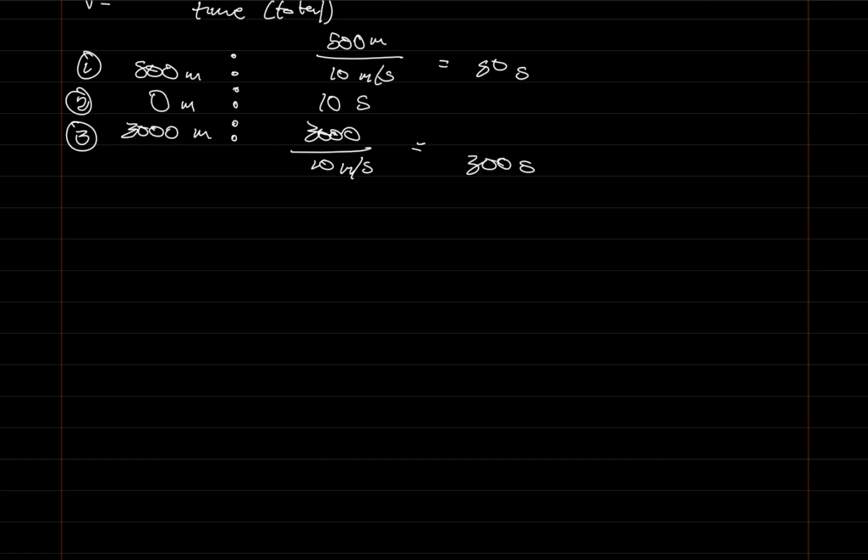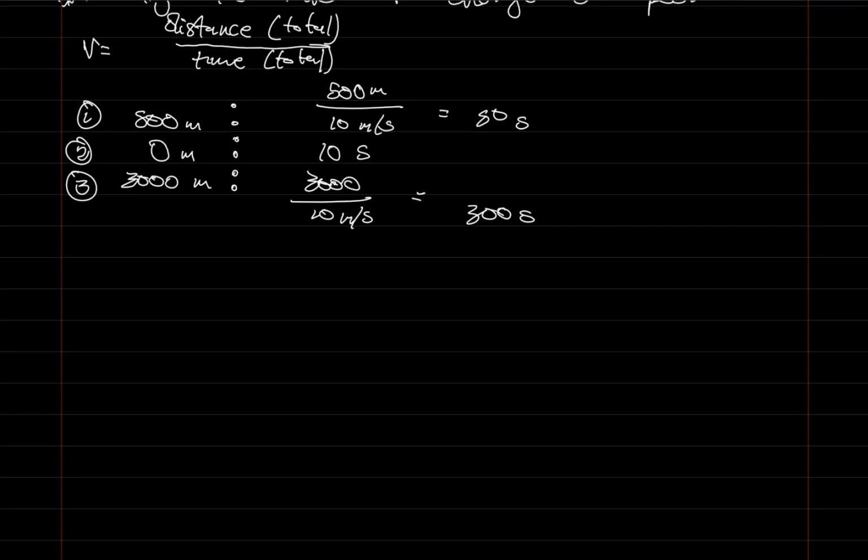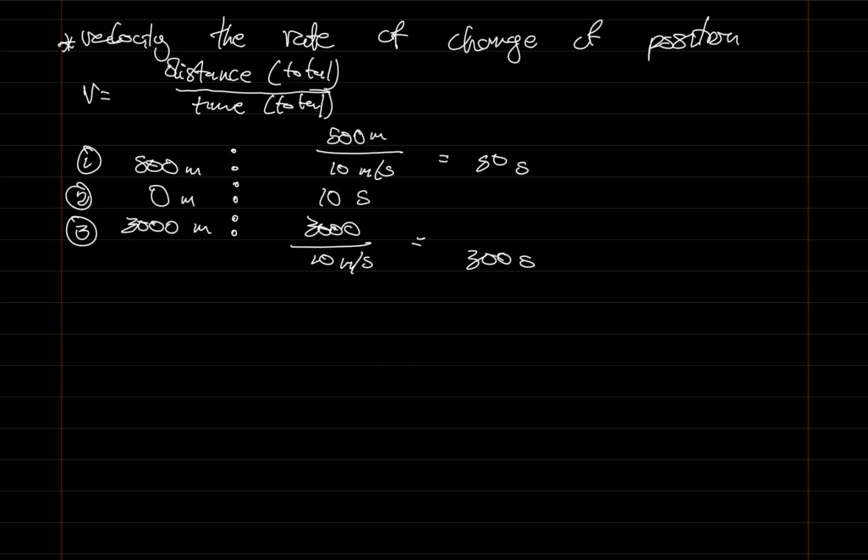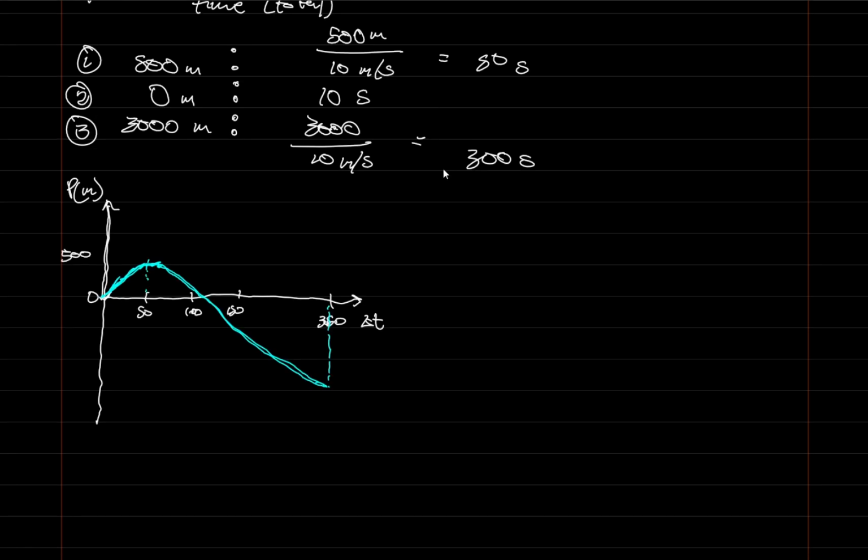Okay, now how do we draw that? How do we put that in graph terms? Okay, so now this is how your P versus T graph would look. These lines should be straight. This one means constant velocity. Then the one that's sloping down should also be constant. Now I want you to notice something here.